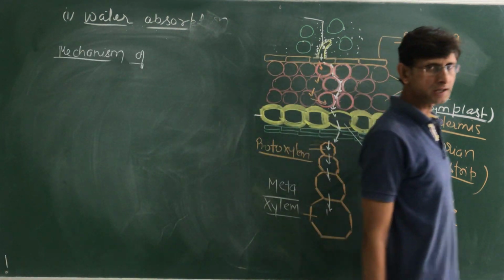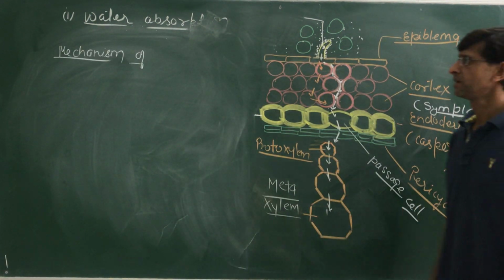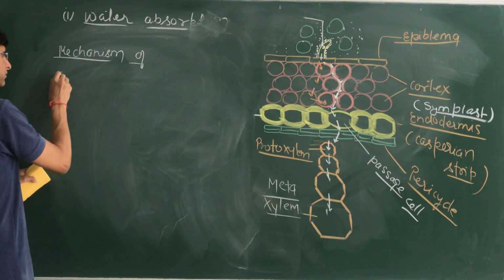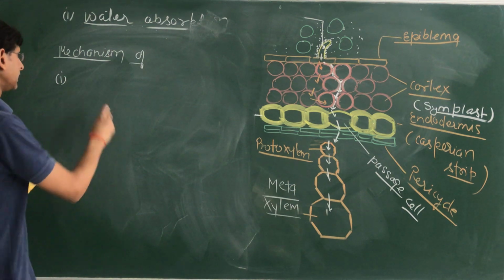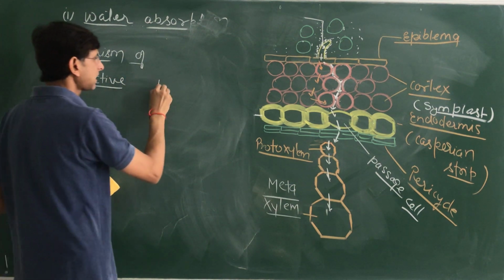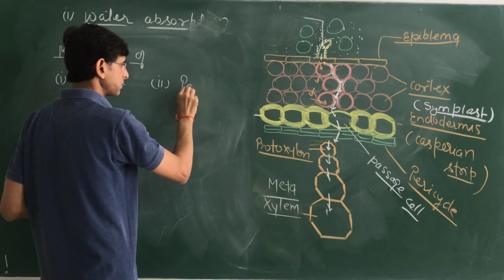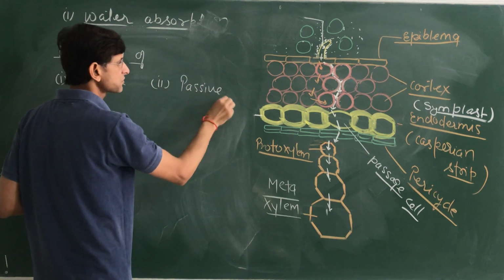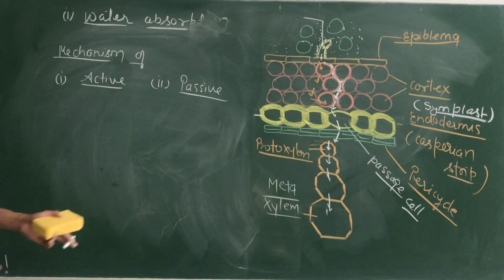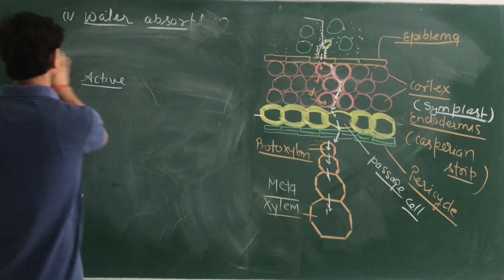By different theories, this mechanism is explained, in which two important types of mechanisms are included. First is active water absorption and second is passive water absorption. Initially, we will discuss active water absorption.